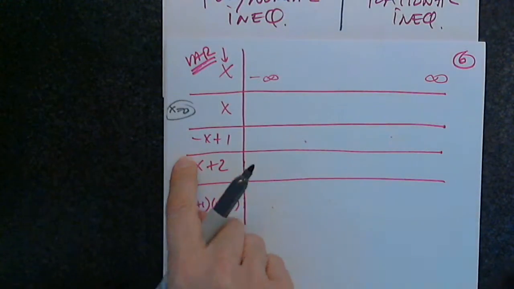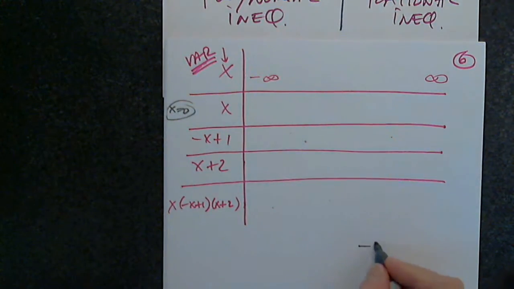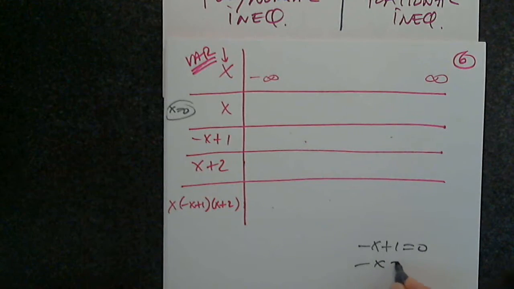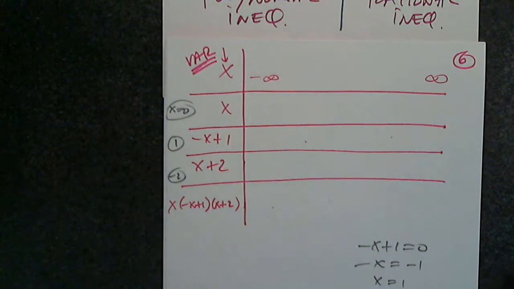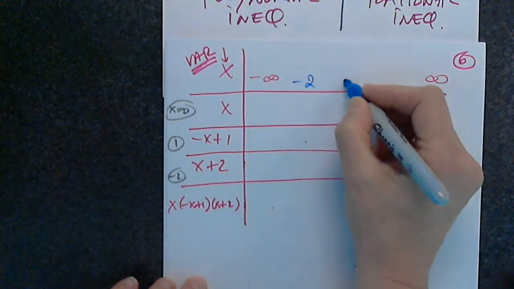For this one, negative x plus 1 equals 0, negative x equals negative 1, x equals 1. For this one will be 1, and for this one will be? Good. So we know the numbers, we wrote them on the side, and now from left to right, I need them in ascending order. Negative 2, 0, 1. Excellent.